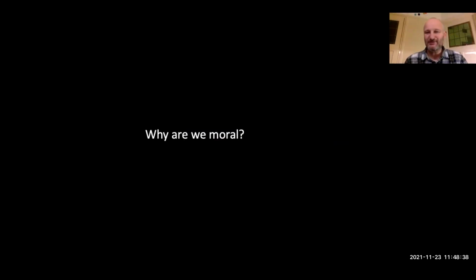So here's a question that we are all interested in. We are publishing very many papers on the topic of why we are moral. In this talk, I'm not going to be too picky about labels.